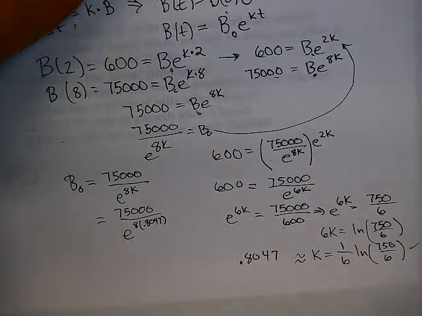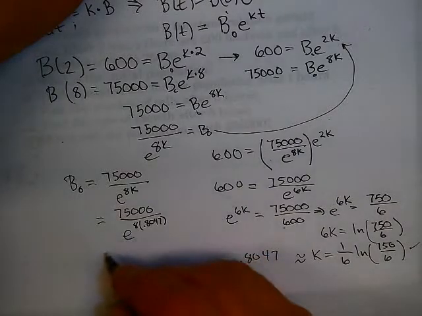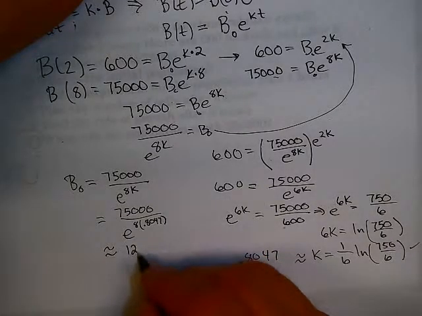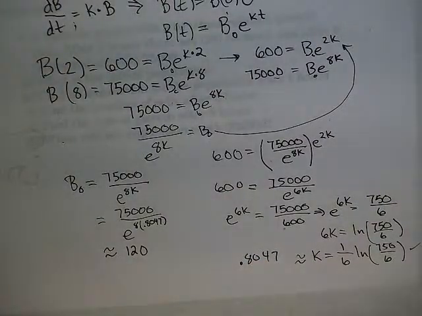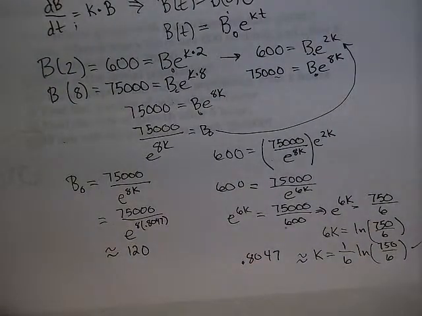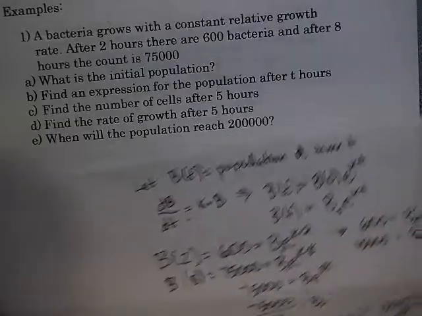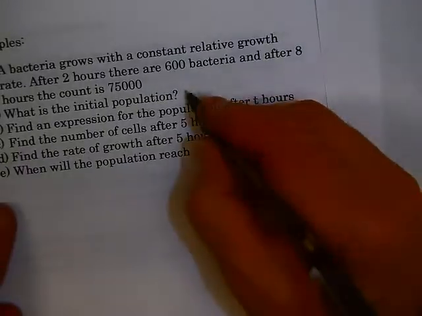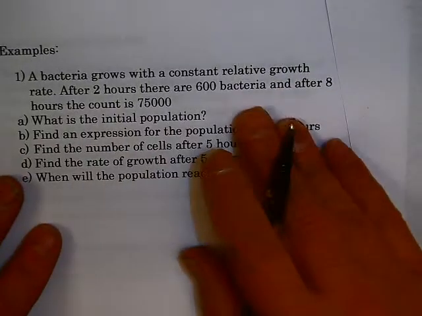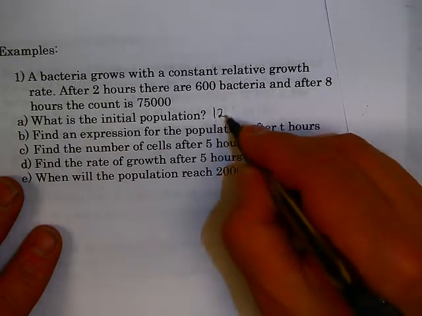If I do that, I get that this is just about 120 if I round. So that gives me the answer to the first one, which is what is the initial population? The initial population is about 120.